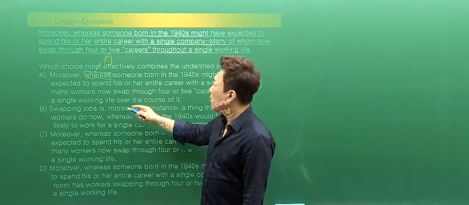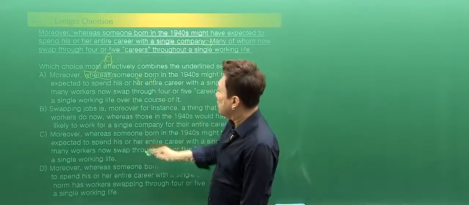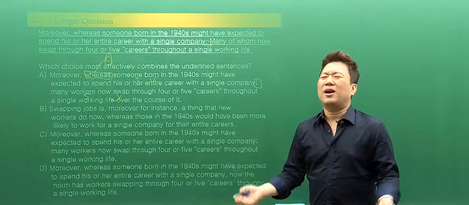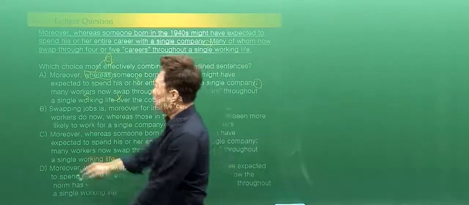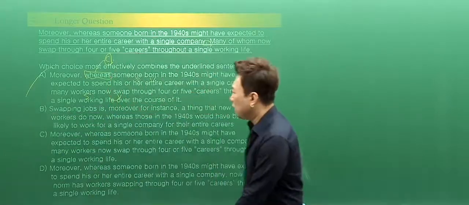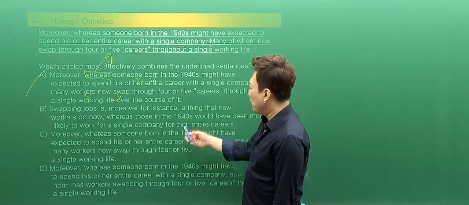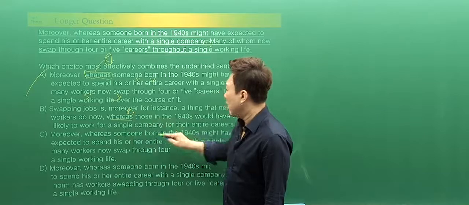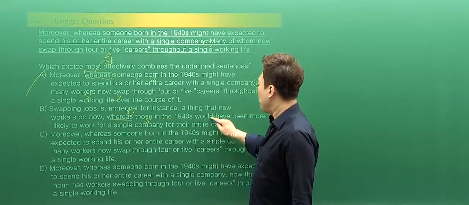We have a semicolon and a conjunction combining subject and verb with subject and verb. Two sentences. Too many, right? Just forget about this one. What about the second one? Swapping jobs is more of an instance of something that you now, whereas, one conjunction and subject and verb.